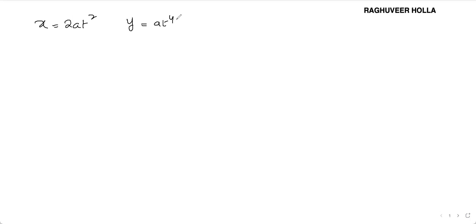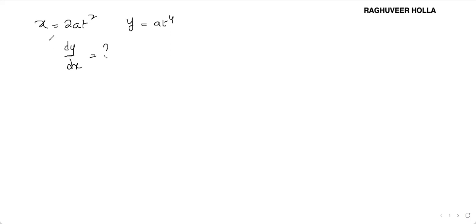As I said, x and y are connected parametrically. Now keep in mind that we do not have to substitute x and y by eliminating t. So we want to find dy by dx.